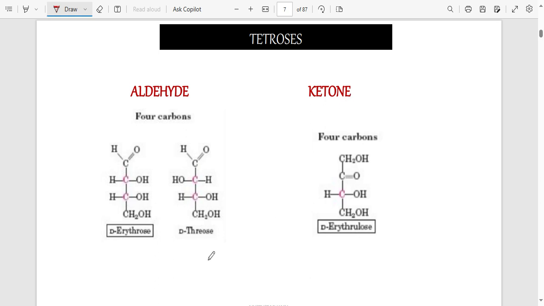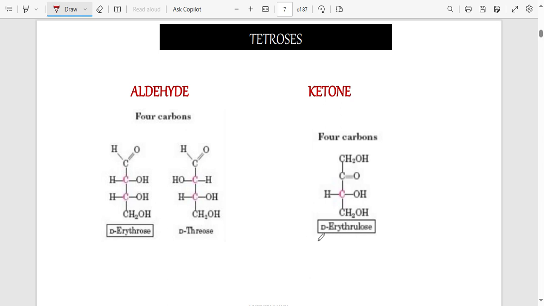Just remember in first year, we talked about ribose and ribulose. Ribose, something that has just O, is just an aldehyde. If you have a U, that becomes a ketone. Same with erythrose and erythrulose.